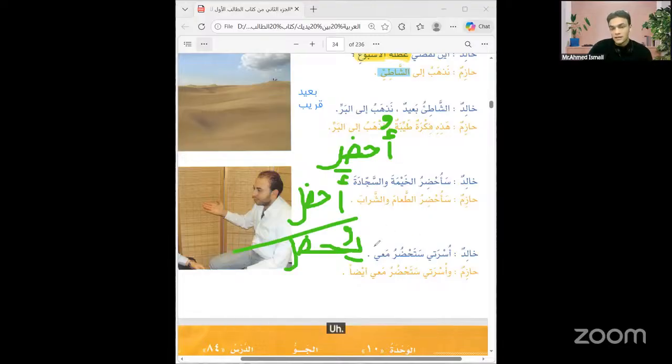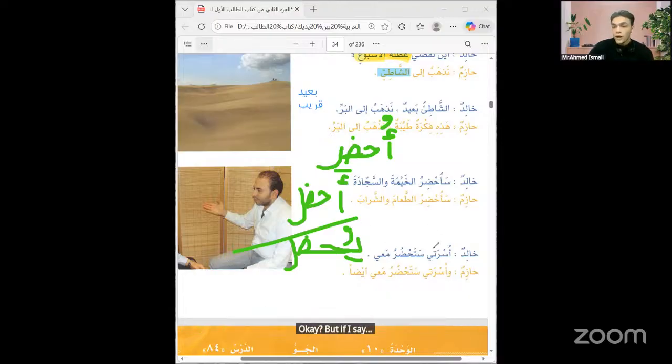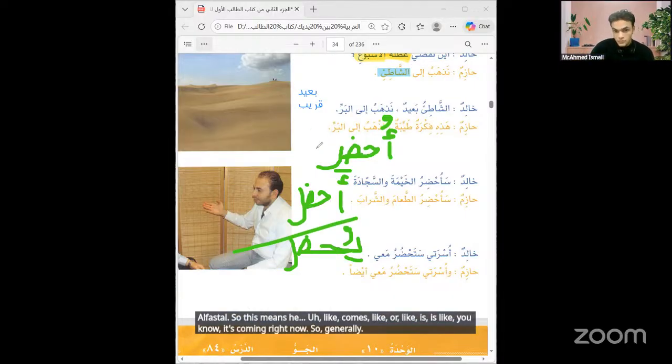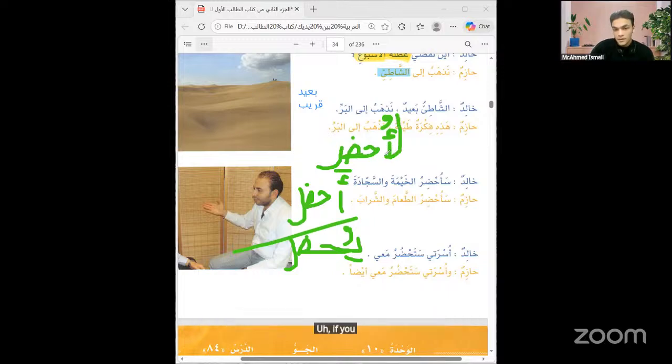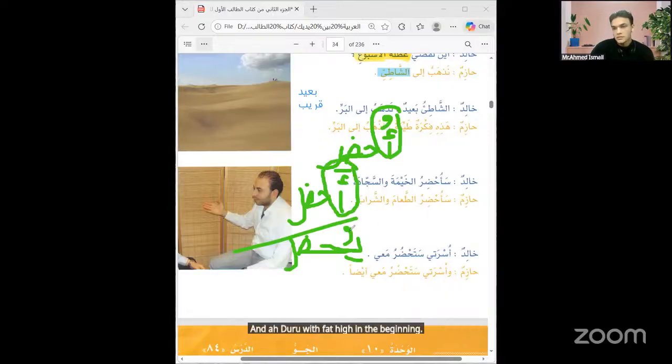For example, هو يحضر القلم, he is bringing the pen. But if I say هو يحضر الفصل, this means he comes, he is coming right now. So generally if you have a dhamma in the beginning, this means bring something, and أحضر with fatha in the beginning means come.